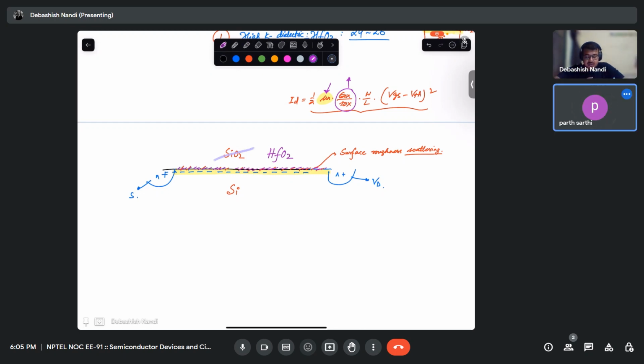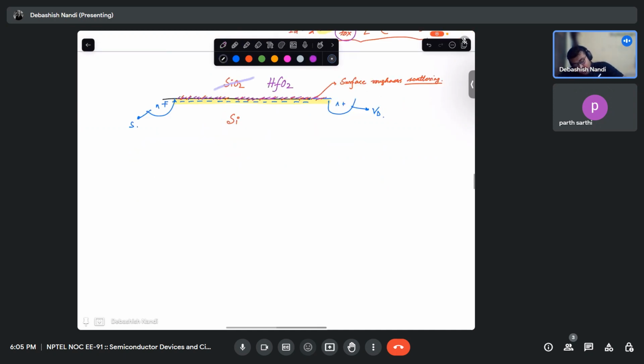So what people have come up with is, let's do one thing. Let this be my surface. Here my electrons will be moving from source to drain. And let us put a very small layer of silicon dioxide. This is my SiO2.